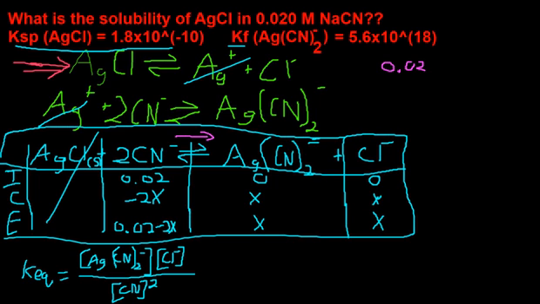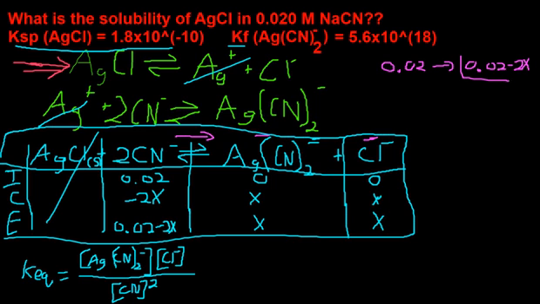How much of it is going to form silver dicyanide? Well, 0.02 minus 2x, and x is going to be our constant for what's going over here. When 2x cyanides go away, they're going to form 1x silver dicyanide and 1x chloride.